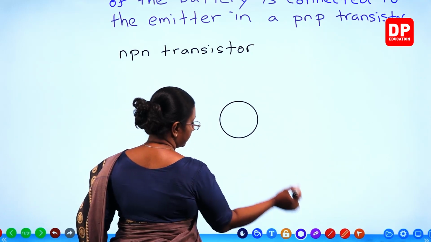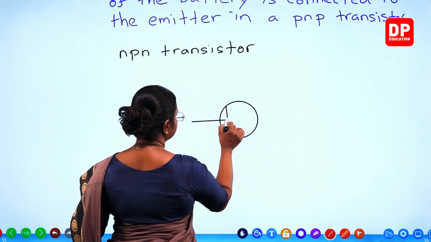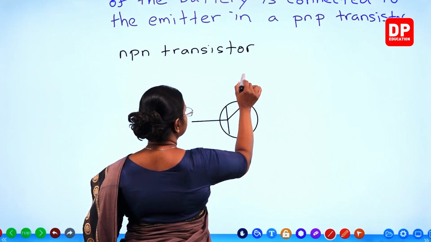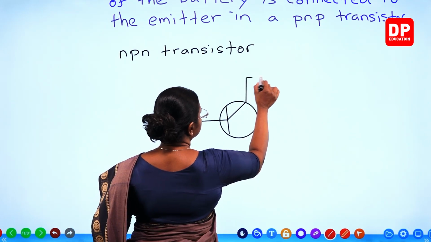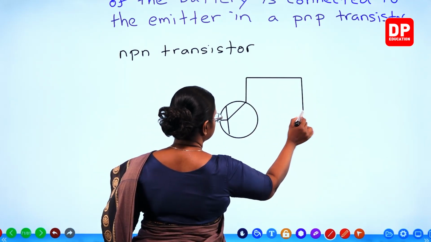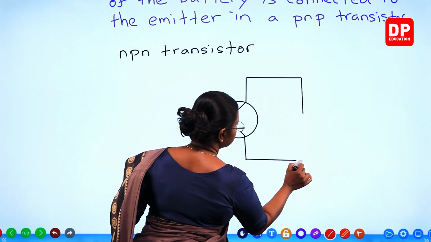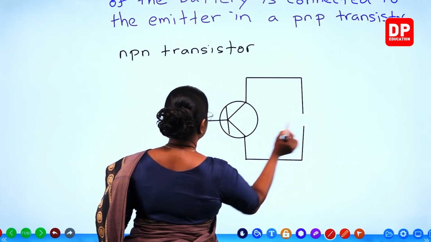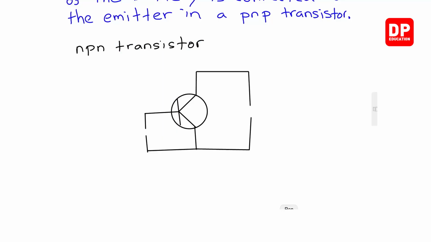So we have the transistor here. Now this is an NPN transistor.